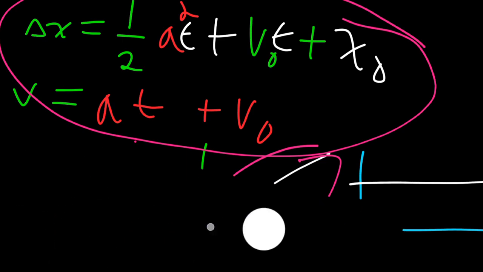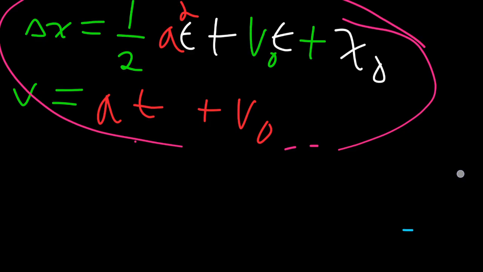So I'm going to erase these graphs, and then I'll give you an example. If I tell you acceleration is 5, okay? Well, let me go over this.